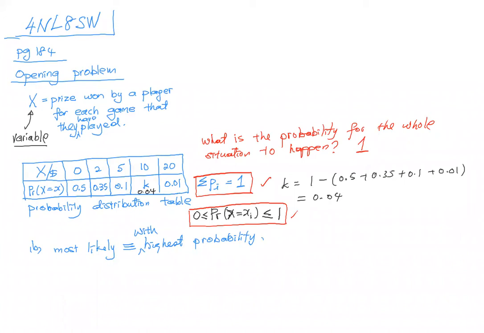A player, if you want to use present simple, doesn't win any prize. Right? So that is the most likely outcome. Correct? So now, how to do part C?